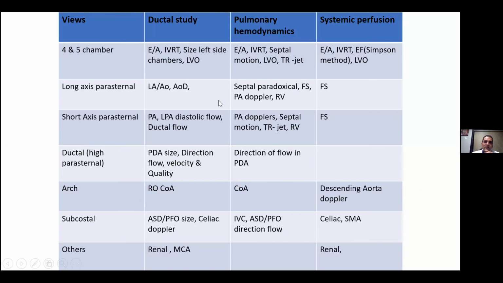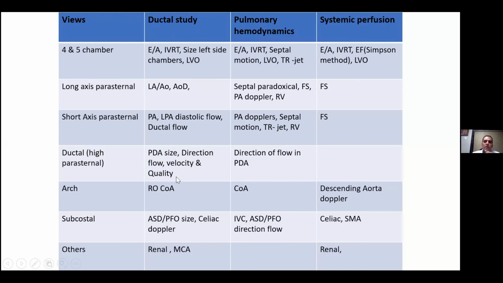I know this is not relevant now. It is basically in newborns, what we do is ductal study, pulmonary hemodynamics, that is PPH, and systemic perfusion, that is your shock. These are the different views in which we do different readings. But this will be useful for you only if you attend your advanced workshops.